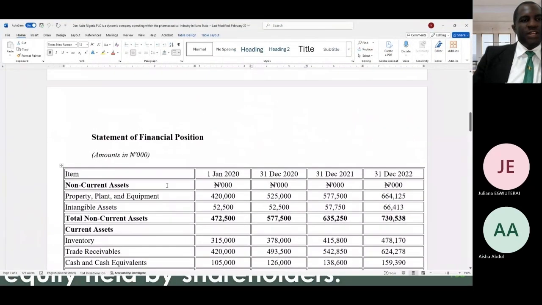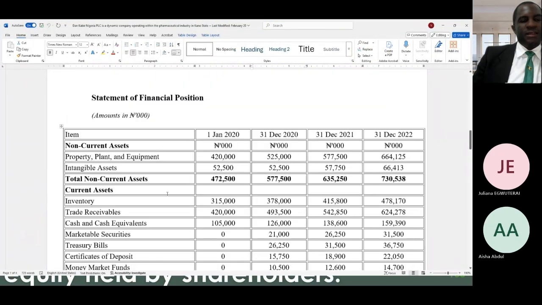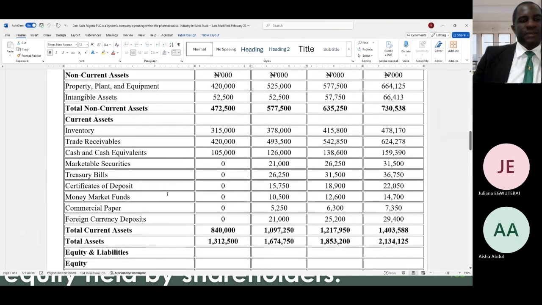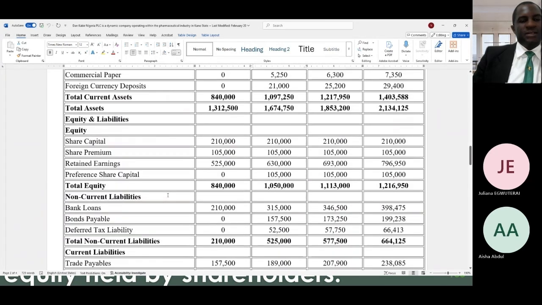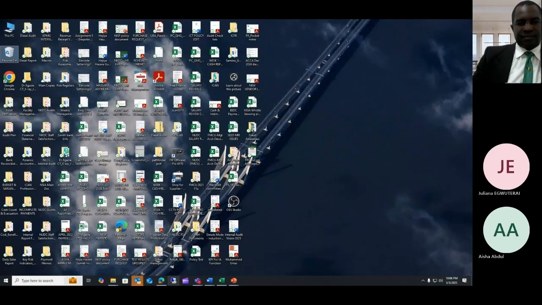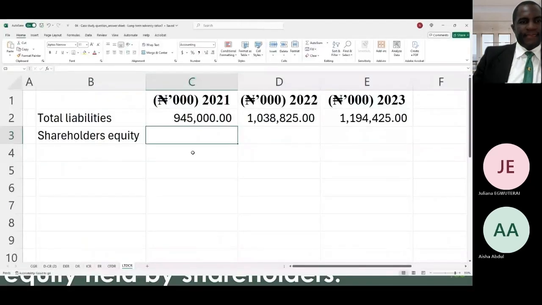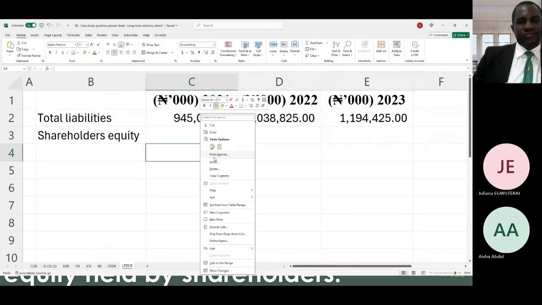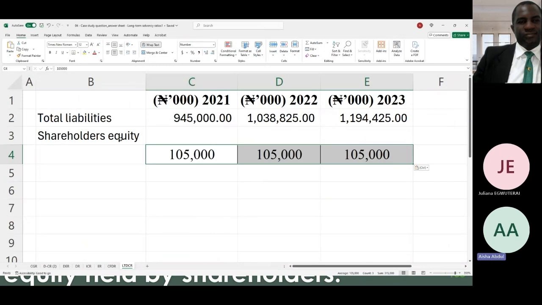Okay, so let's go here now to the SSFP. So we have our total equity. So this minus preference, 105 minus preference, this minus preference. That's what we'll do. Let me give you one.